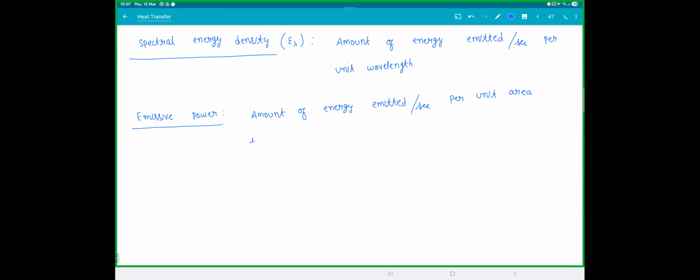It is the form of radiation. So emissive power is nothing but intensity only.